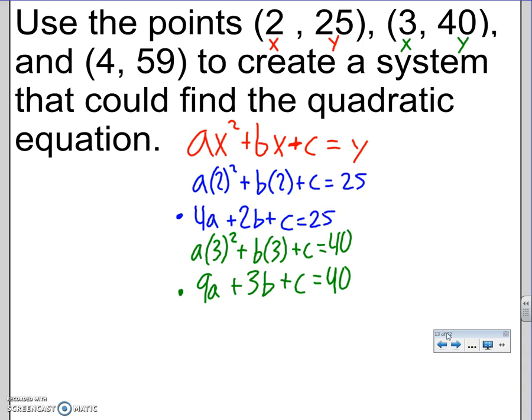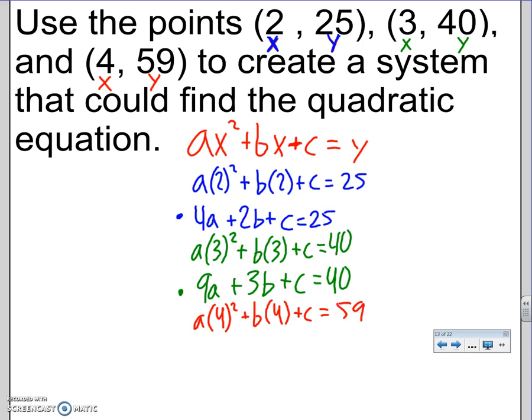My last one, okay, let's use red. Alright, so x is 4, y is 59. So let me make this one blue just so it matches the colors. Alright, so a times 4 squared plus b times 4 plus c equals 59.